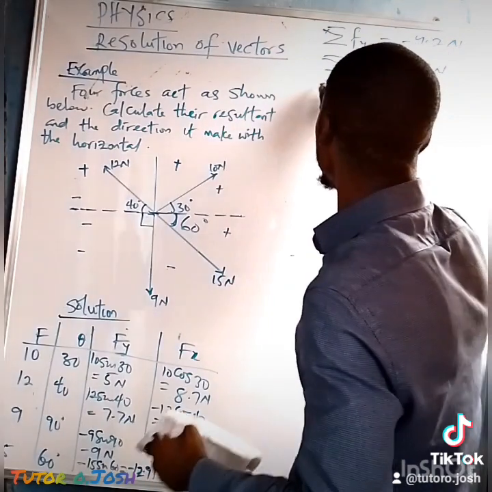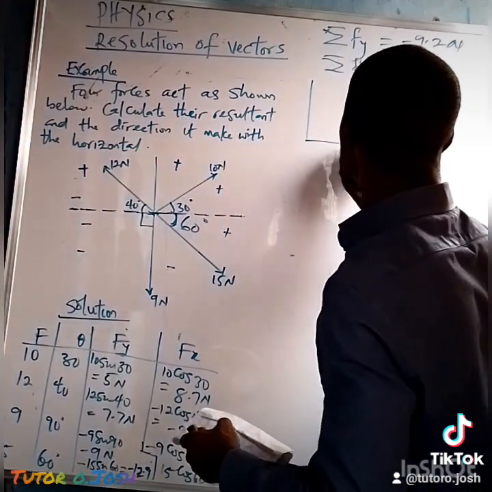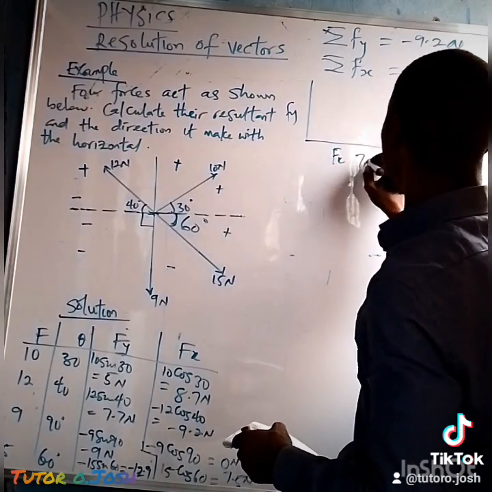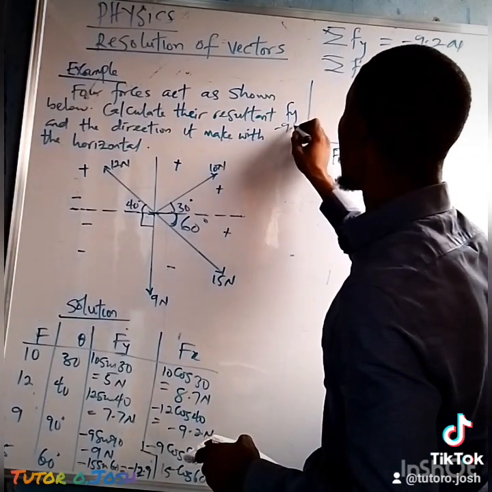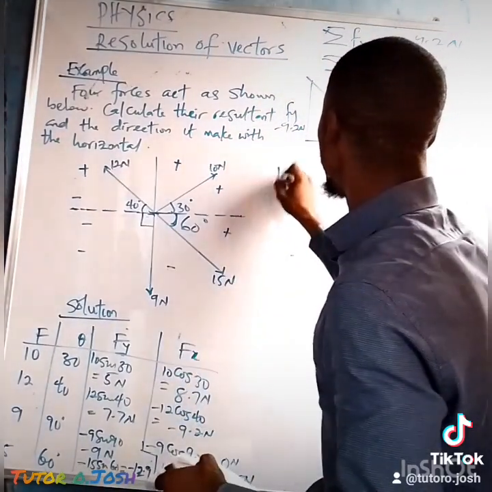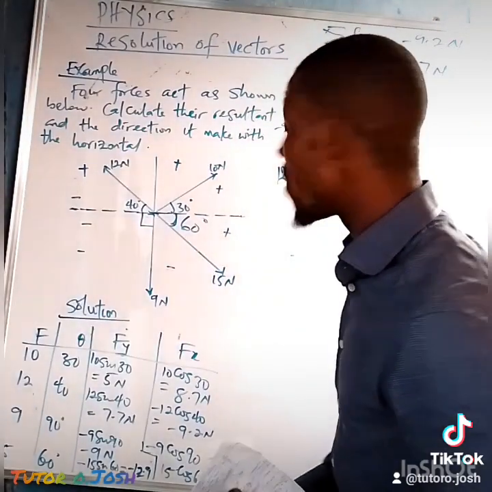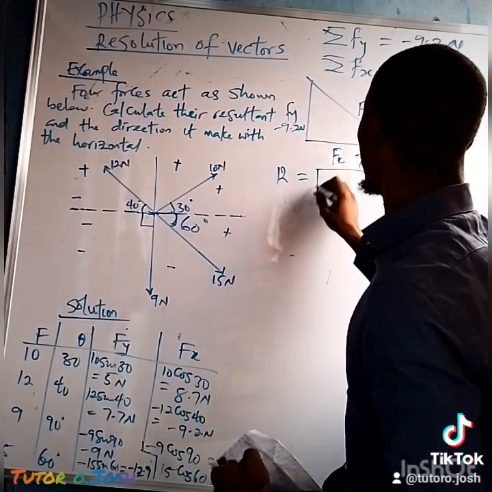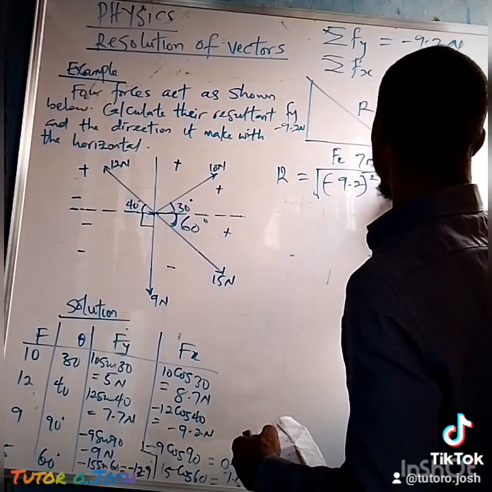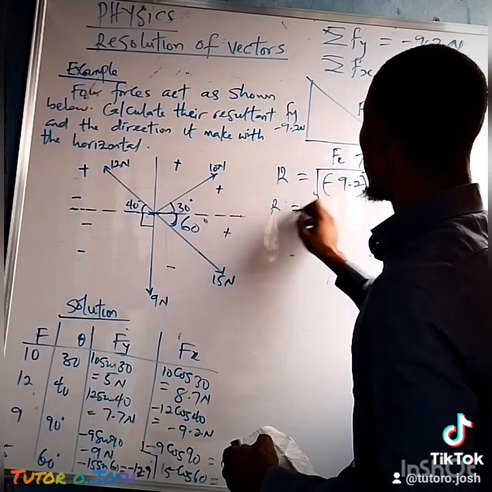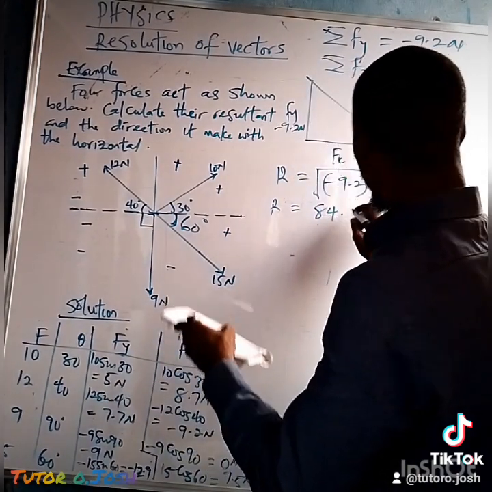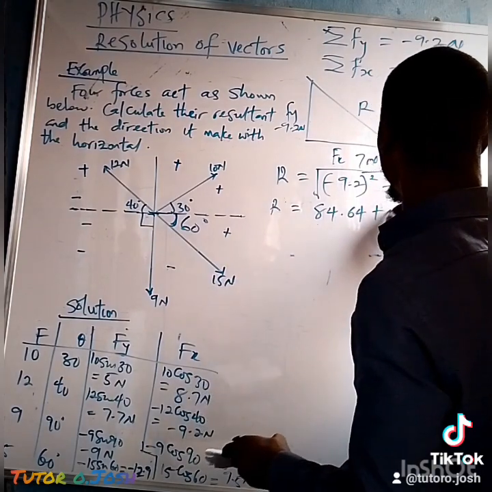Now its resultant is calculated using this. This is Fx and this is Fy. We've gotten Fx to be 7 Newton and Fy to be minus 9.2 Newton. Then this is the resultant R. Using Pythagoras theorem, R will be the root of minus 9.2 all squared plus 7 squared, and that gives us 84.64 plus 49.